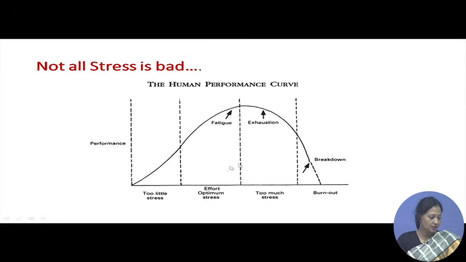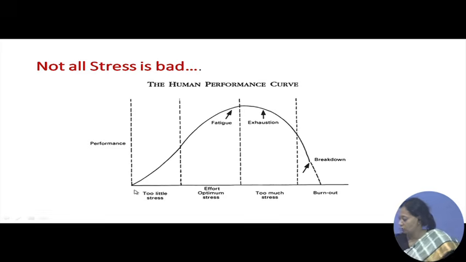So if we just see this model, you see that performance is on the y axis and the stress level is on the x axis. So when there is too little stress, the performance is low.